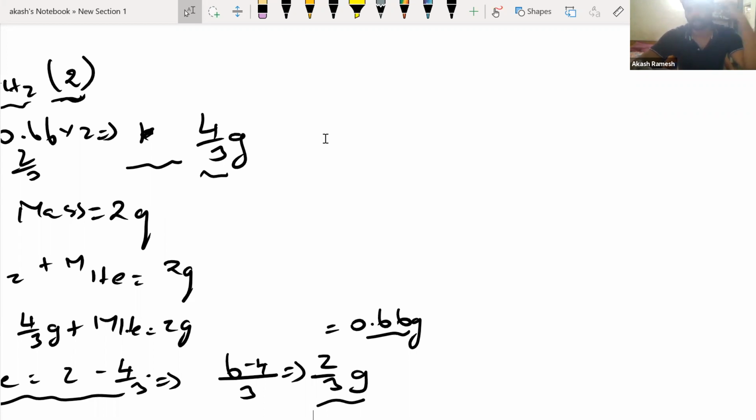Right, now the question is, what is the concentration? I would say, what is the molarity of Na plus and CO3 2 minus ions?